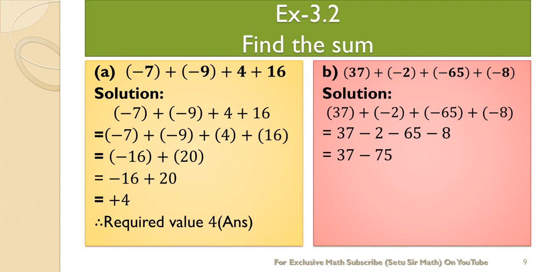The bigger number is 65 in here, the sign will be minus, so 75 will get the sign minus. So from minus 75 plus 37, so plus and minus, that will be minus. 75 minus 37, if we subtract, we will get 38, and the sign will be minus because the bigger number's sign is minus in here. This is our required value.